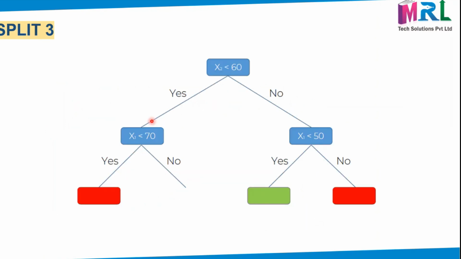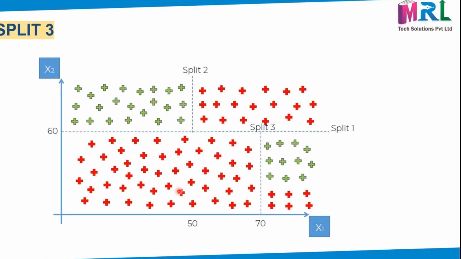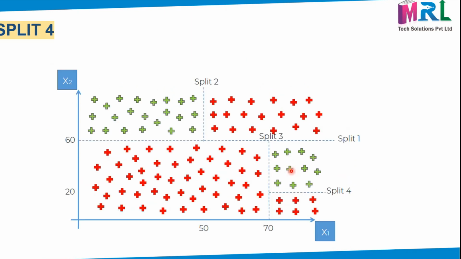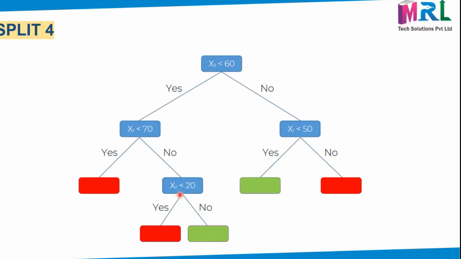When you look here, when x1 is less than 70, all red comes into the picture. But here you cannot take the decision because there are more red and green dots. So again, one more split is there, which is called split 4. In split 4, you can see the decision is x2 less than 20 and you have two more branches.